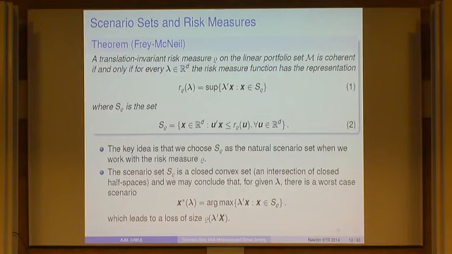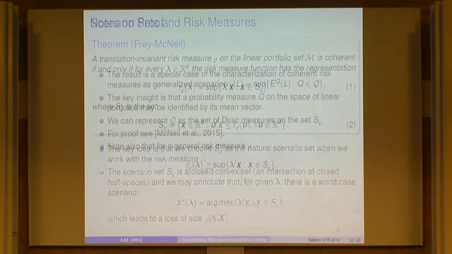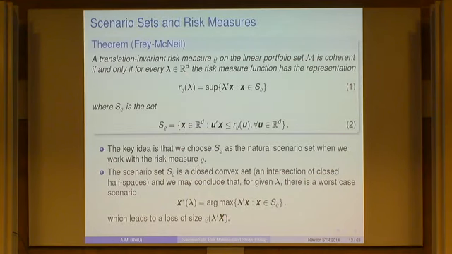And what I'm saying is that a translation invariant risk measure being coherent is equivalent to saying its risk measure function can always be written as the supremum of lambda transpose X for points X in S rho. For those who know convex analysis, this is saying the risk measure function is the support function of a particular convex set.